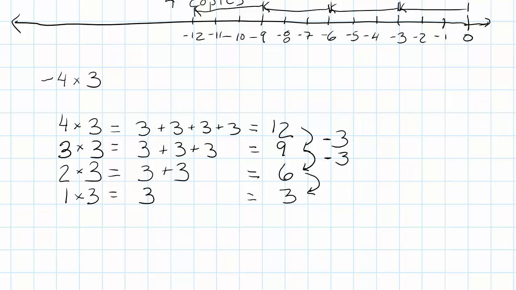Again, 1 3 fewer. 0 times 3, that isn't any copies of 3 at all. Three less again. So what must negative 1 times 3 be?